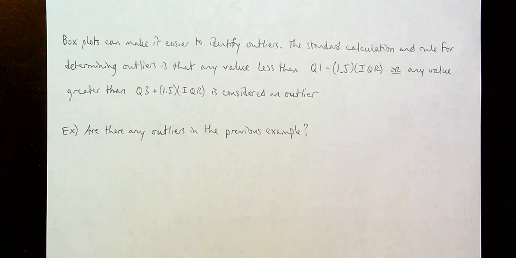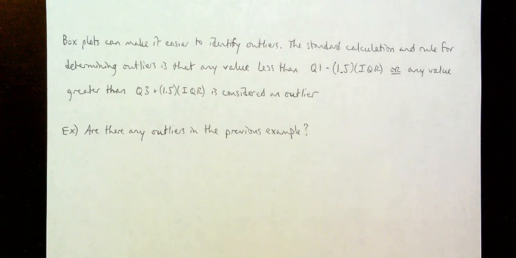So take that IQR, multiply it by 1.5, and subtract that from your first quartile. If you have any number less than that, then that number is considered to be an outlier. Or if you take that IQR, multiply it by 1.5, and add it onto our third quartile, if you have any number that's greater than that, then that number is also considered to be an outlier.